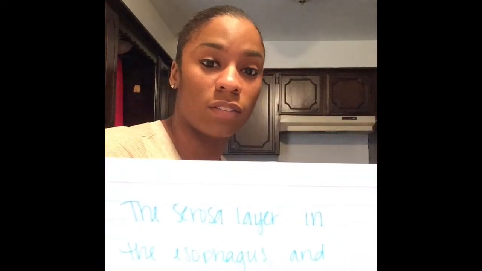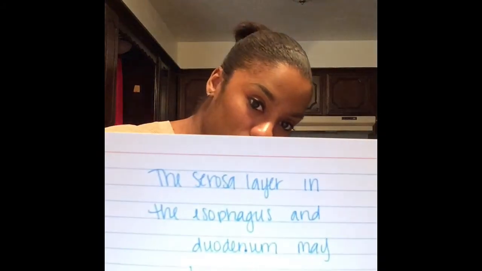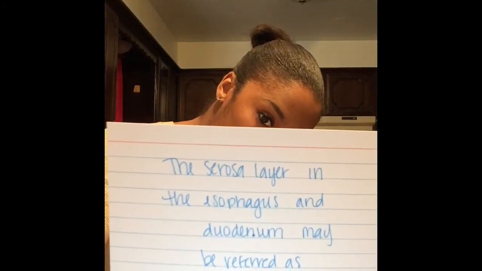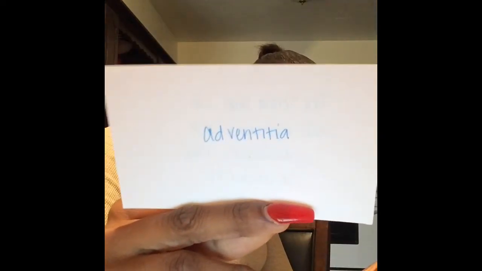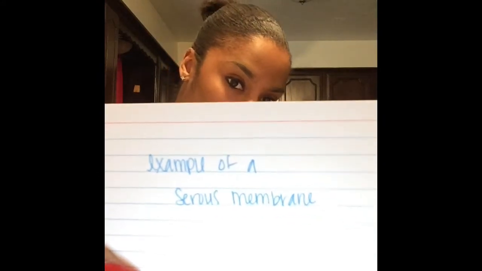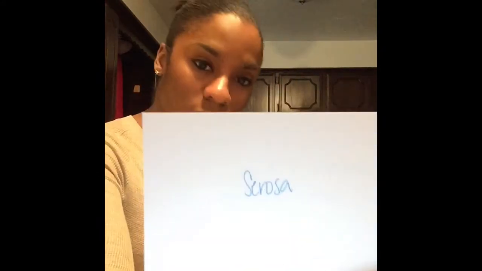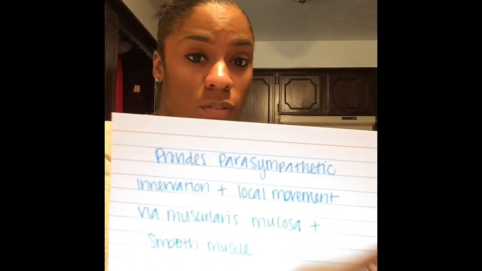The serosa layer in the esophagus and duodenum may be referred to as adventitia. Example of a serous membrane. Serosa provides a parasympathetic innervation plus local movement via muscularis mucosa and smooth muscle.